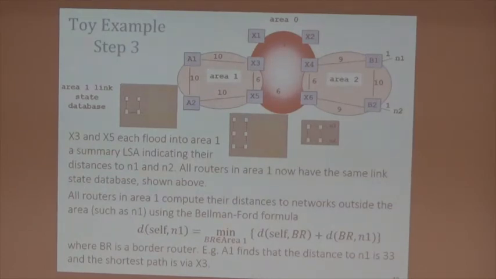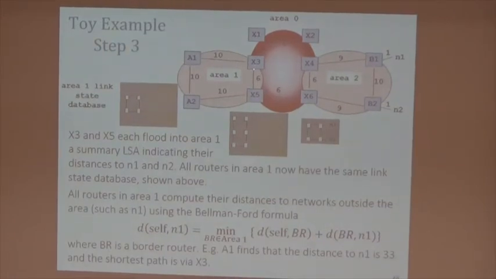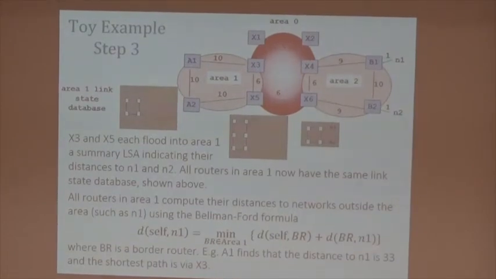Those distances to inter-area routes are put in the topology database as special entries, and the same process will occur. For example, A1 will compute the cost of going to N1 and N2 by comparing the cost of going to X3, which is known from the result of Dijkstra's computation inside area 1, plus the cost of going from X3 to N1, which is given by the topology database here.